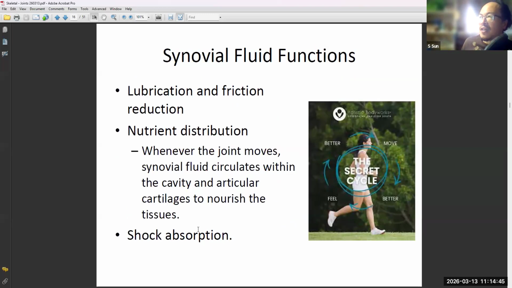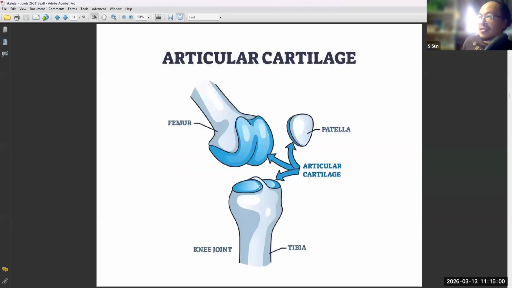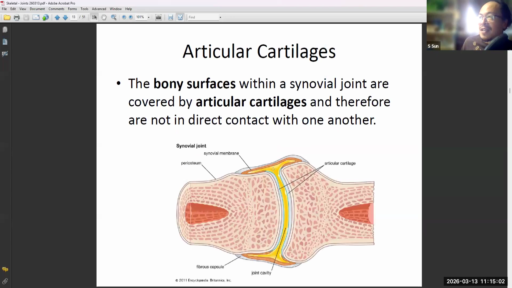Shock absorption too. Movement is important because this joint doesn't have a blood supply, so it can be pretty stagnant. If it's stagnant, nutrients cannot come in and metabolic waste cannot go out.